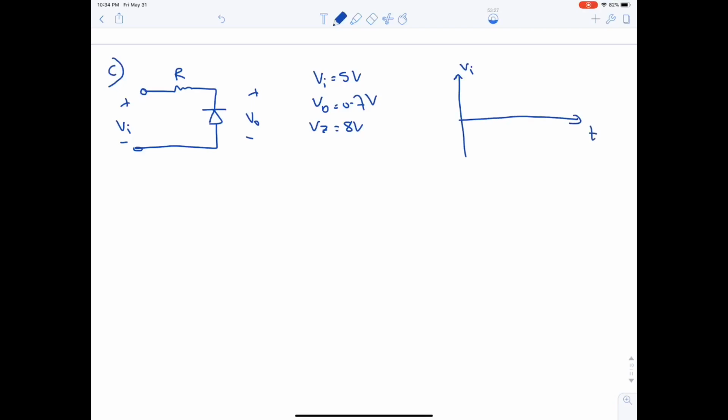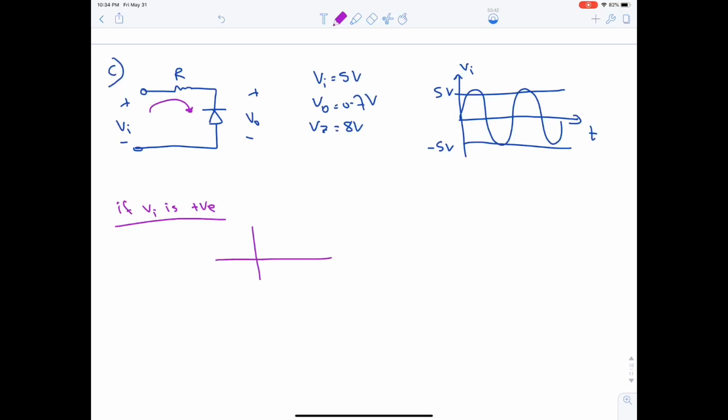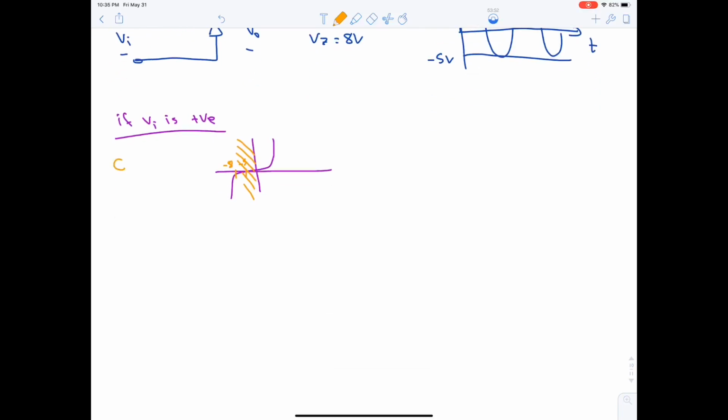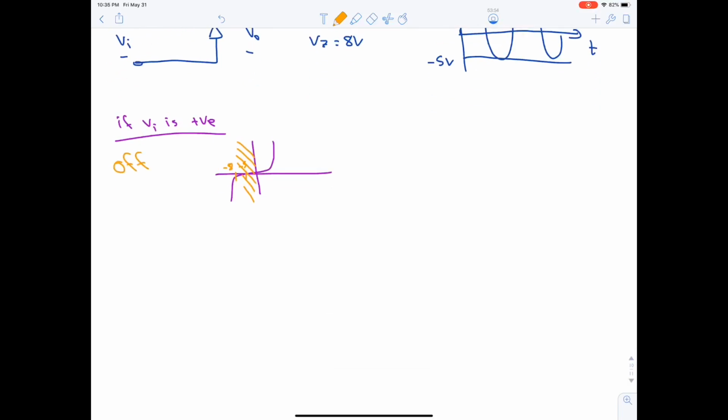This is the reference, 5 and minus 5. If Vi is positive, we need to check whether the diode is off or breakdown. Vz is minus 8 and Vi is minus 5. It did not cross the breakdown region, hence it's off, open circuit.